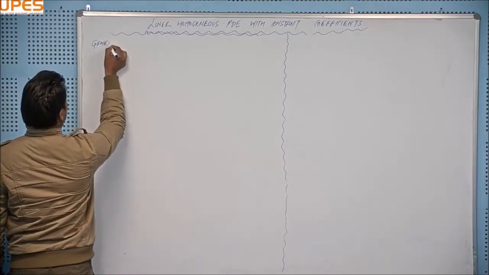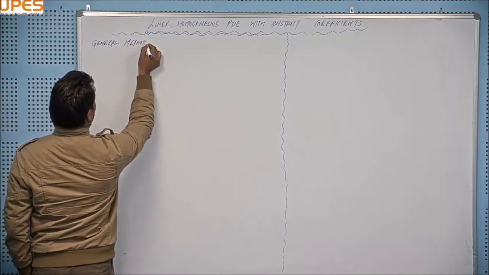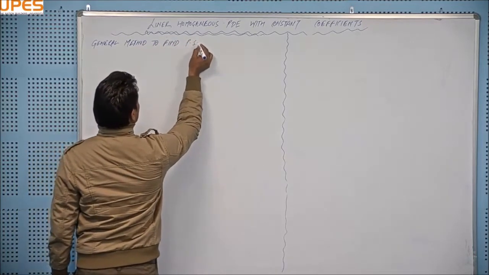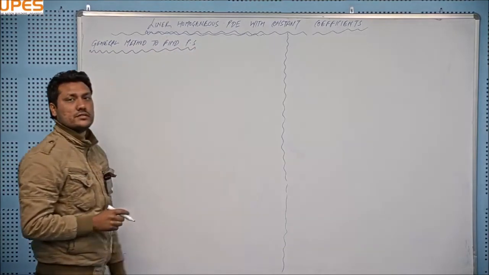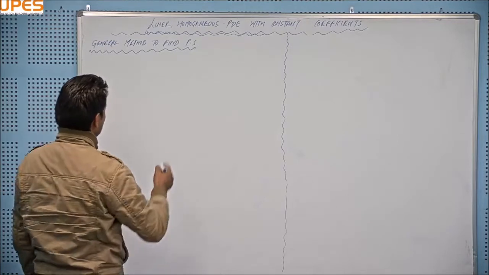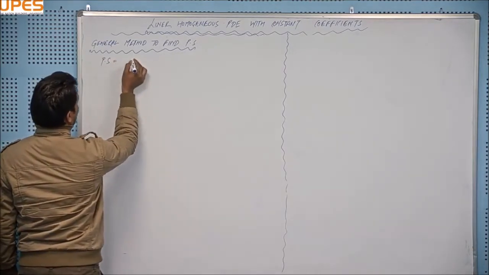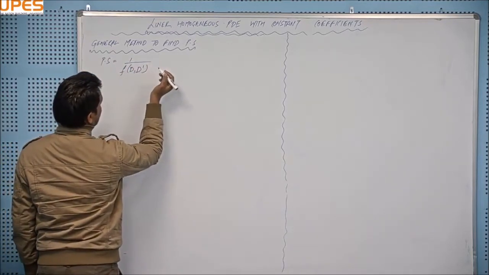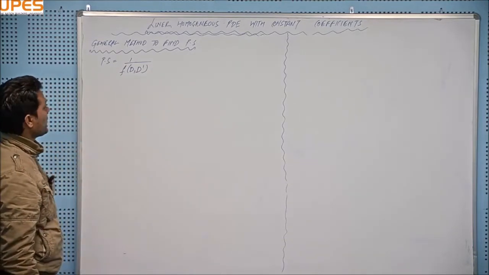General method to find particular solution, PS, right? And it works for all cases, right? And the method is: particular solution is 1 upon f of D comma D dash, and the right hand side is anything.